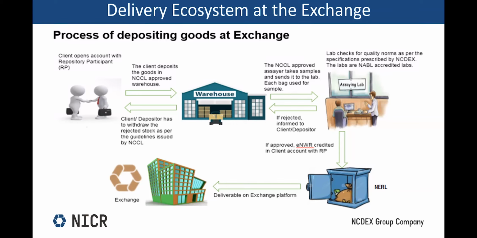They check your quality and upload the result, either pass or fail, on the system. The owner of the goods gets a credit if it has passed, and the goods get deposited on the exchange ecosystem. Like a bank account, you get a credit against your account number, showing that such and such commodity at such and such location is under your ownership, with these quality parameters.